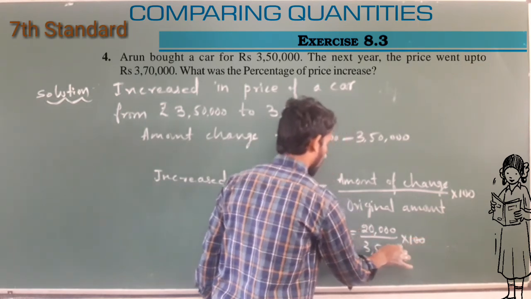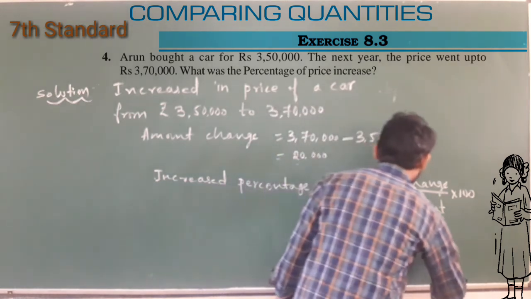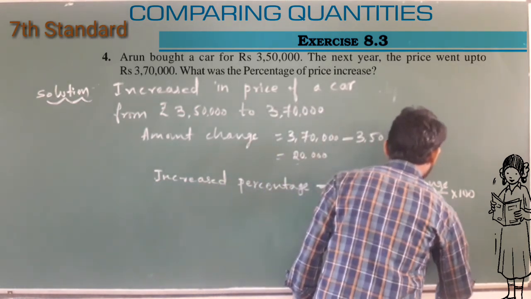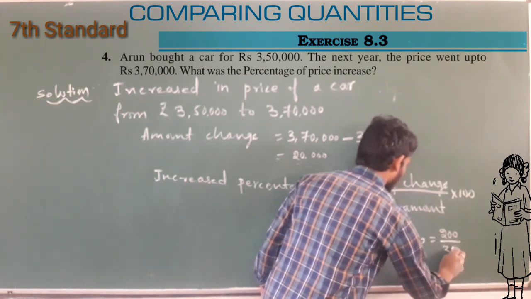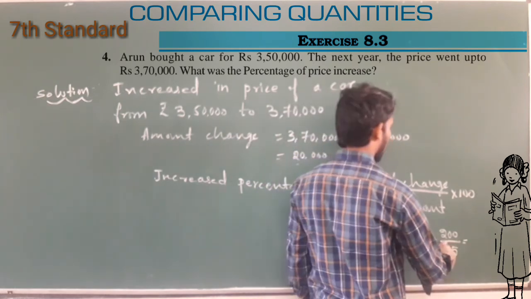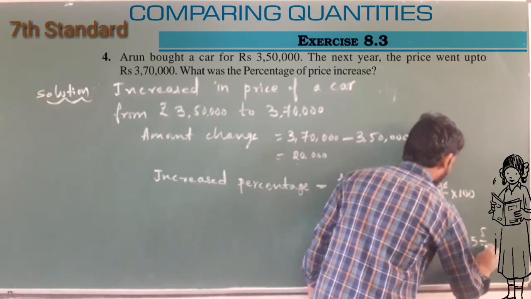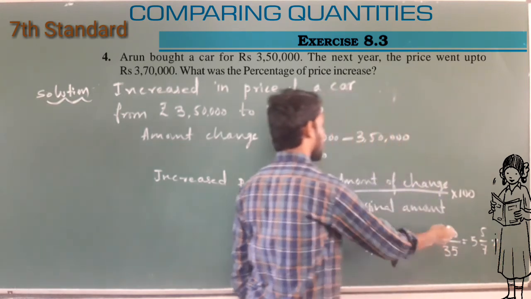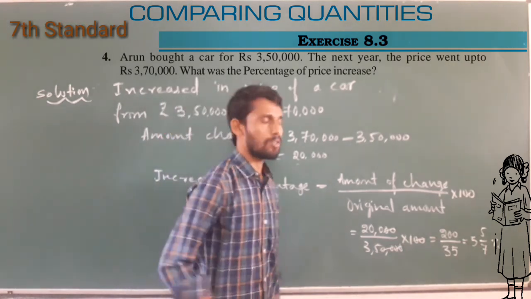Here 20 will cancel, here also zeros will cancel. Remaining is 200 by 35. When we cancel by 5, we get 40 by 7, which is 5 by 7%. This is the increased percentage. Okay, this is the solution.